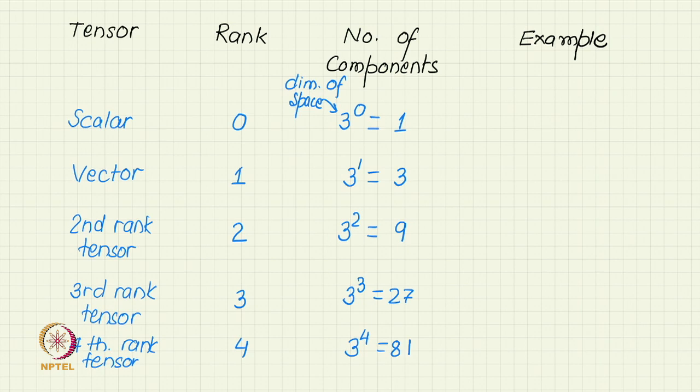A scalar, you know many examples. So, let us say density. I will just give one example each. Vector, you have many vectors. Let me give one example, the polarization vector. We already saw electrical conductivity as a second rank tensor.